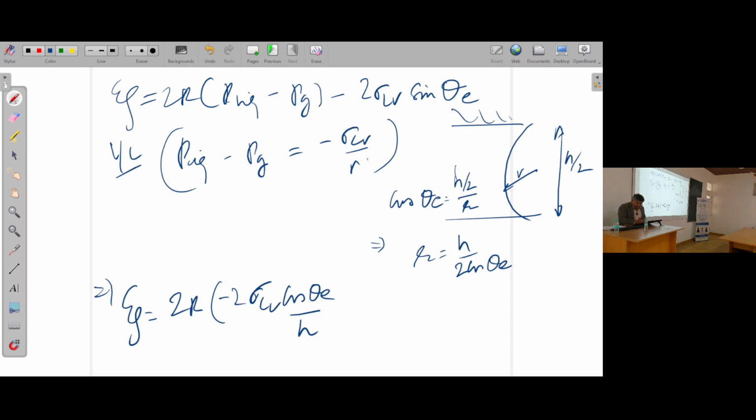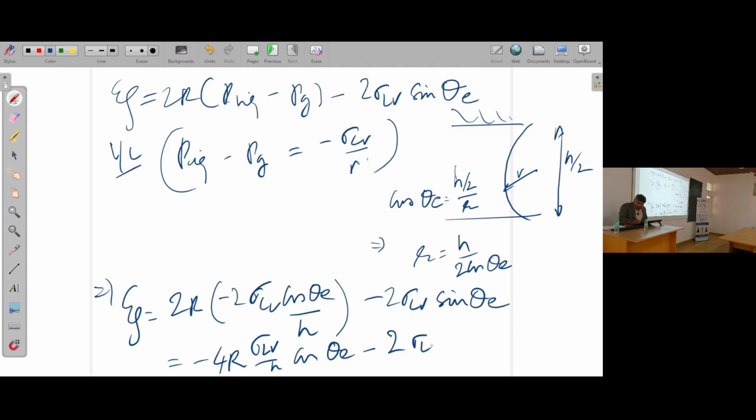And then I'm having this term already, minus 2 sigma LV sine theta E. Okay? So this becomes something like minus 4R sigma LV by h cos theta E minus 2 sigma LV sine theta E. Okay, this is just the net balance.